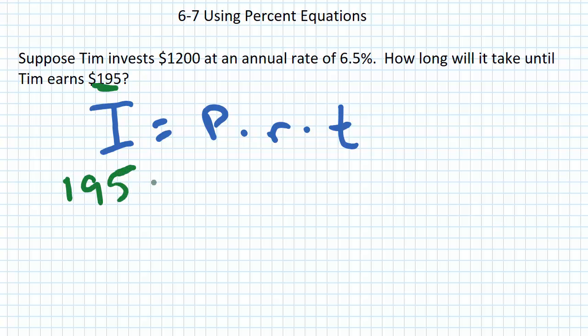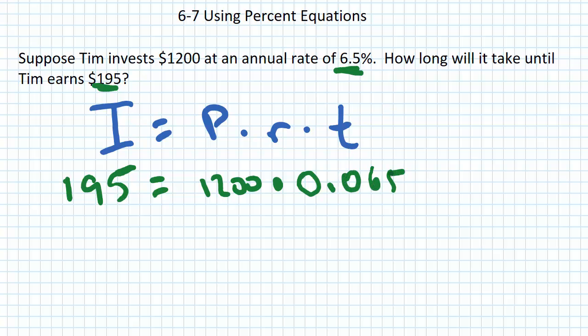So $195 in interest is equal to principal, which is $1,200, times the rate as a decimal, because it's 6.5 over 100, or here's hoping you know how to do this pretty well already. You move to the left, 0.065, times, well, I don't know t, because that's what it's asking.